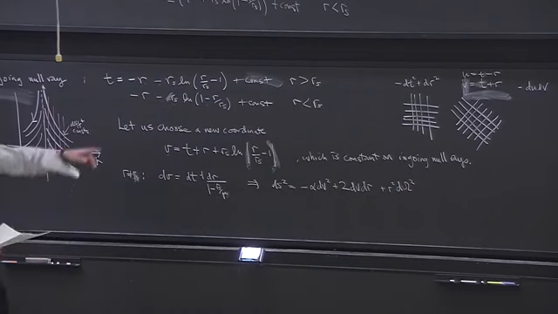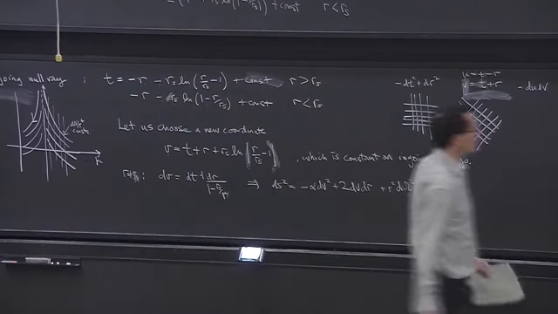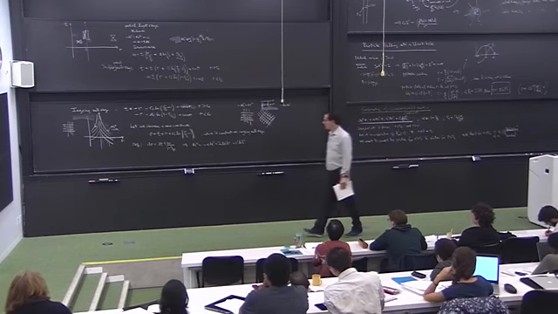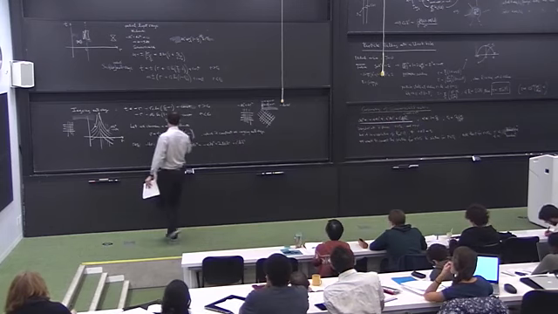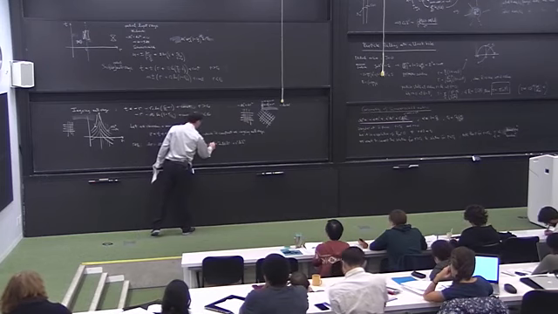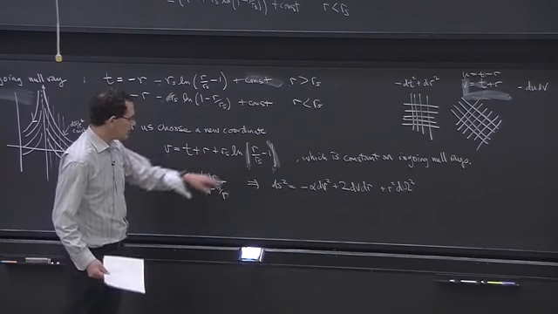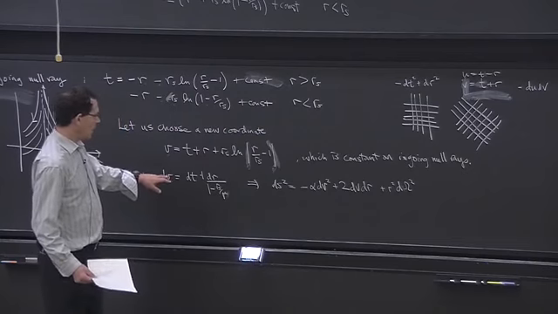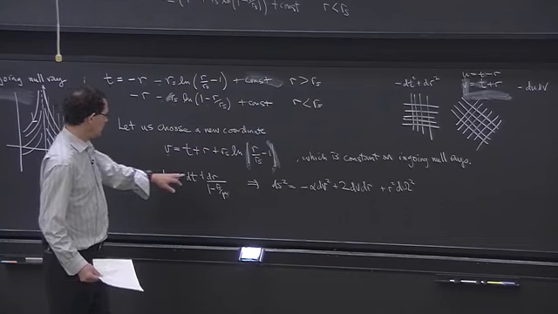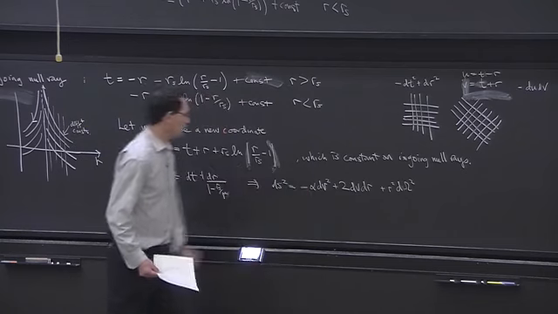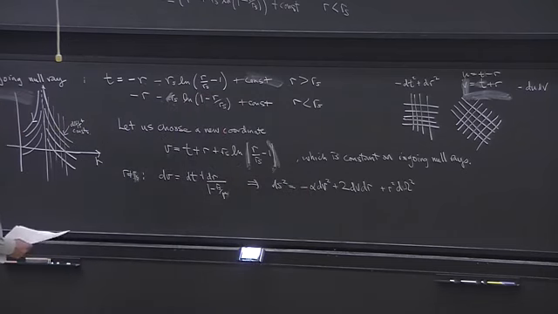Okay, to see that, just take this ds squared over here and compare it to this expression when I substitute in for dv. So dv squared will give me the minus alpha dt squared.